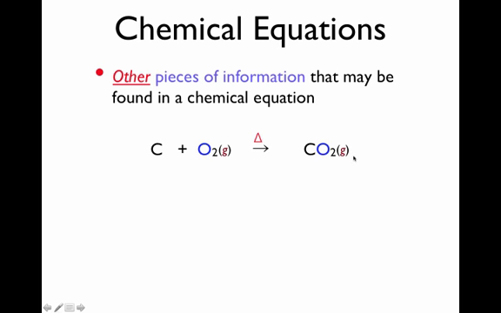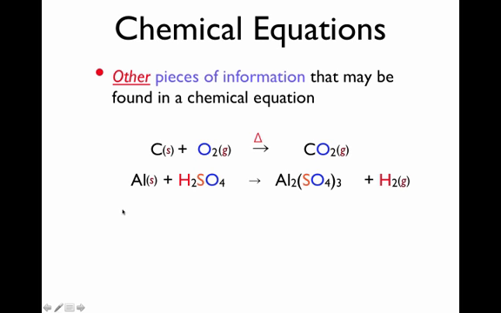That's what the G means over here. However, you can see this type of information as well. If you see parentheses S, the S stands for solid, and what that means is that you used solid carbon, mixed it with oxygen gas, heated them up, and you produced carbon dioxide gas. So again, another piece of information that you might see in a chemical reaction.